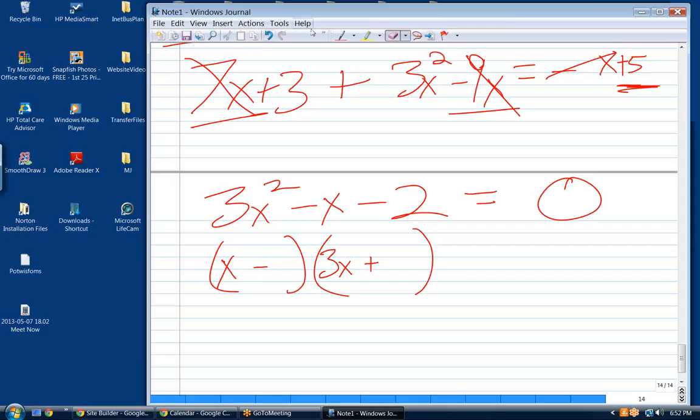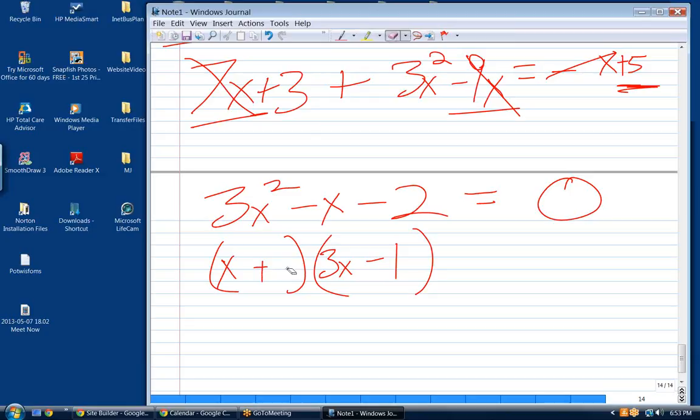But I was lucky that it worked on the first trial. Notice that if I'd have started with 2 and 1 like that, that doesn't work. That does not give you a middle term of minus x. So maybe I would try next, let's try plus 2 minus 1. That also doesn't work.